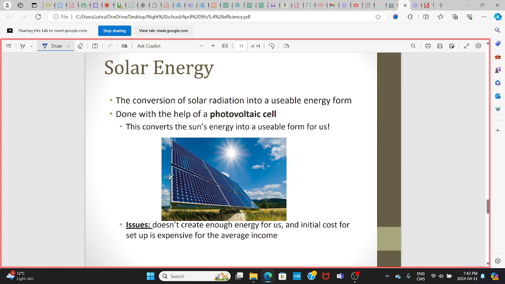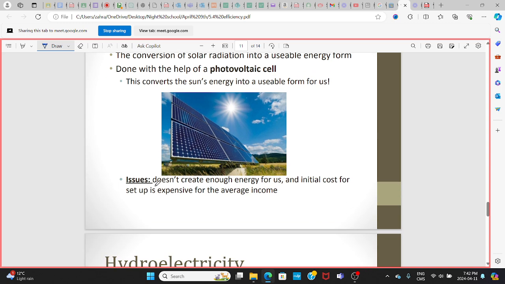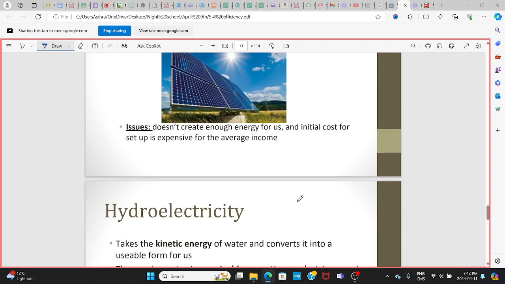The panel will store the energy in some battery, and you can transfer the energy from the battery to other places. Okay, so the issue around that is it doesn't create enough energy. So we have to work very hard to get a lot of energy, let's say in one day. And the setup is expensive for average income, right?